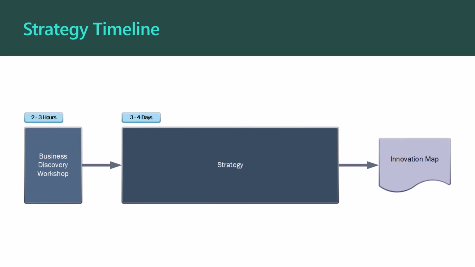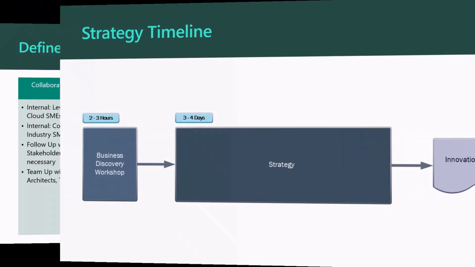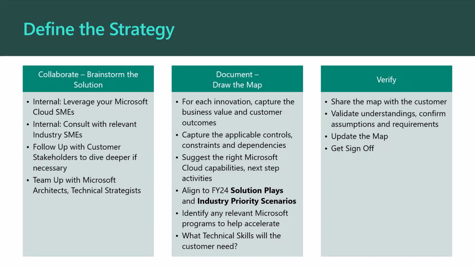The business discovery workshop can be a few hours, half day, but then you spend a few days going over what you heard and coming up with a strategy for addressing that. And you may have to have some follow-up conversations, right? But in the end, you come up with an innovation map document.